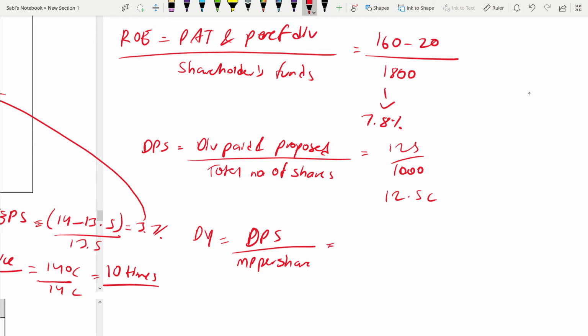Dividend per share, already we have, 12.5 cents, divided by market price per share. Market price was 1.4. You have to take it in terms of cents, so it will be 140 cents. Remember, both your numerator and denominator have to be in cents. Same. So it will be 8.9%.